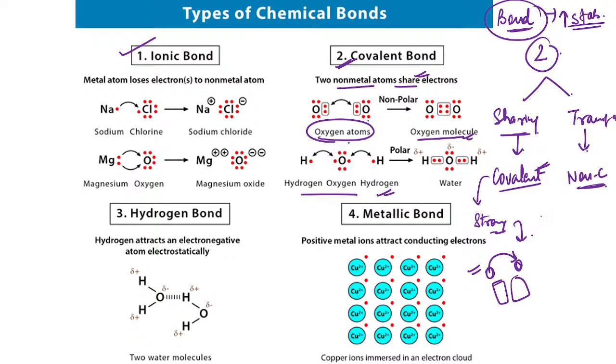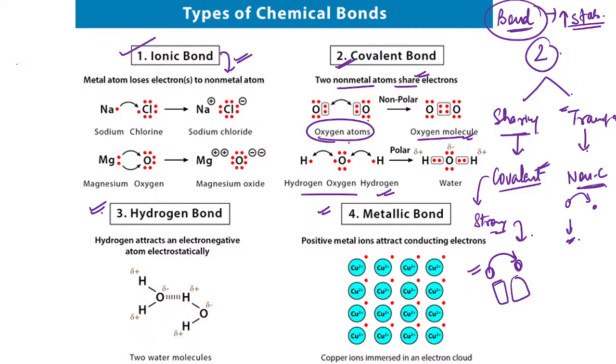Then you have the non-covalent bonds. So non-covalent bonds are what? In which the electron is completely transferred to the other element. In this also energy is required to break them, but comparatively very little energy is required for the second segment, the non-covalent bonds, which include ionic bonds, hydrogen bonds, and metallic bonds.